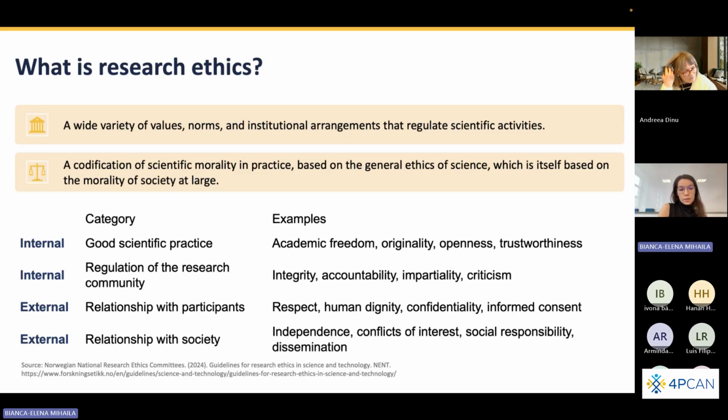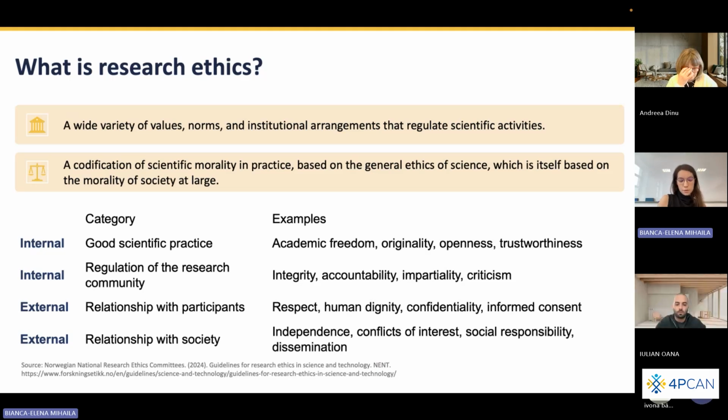And the external ones, the ones that are really important for us in the Living Lab and also in the 4P-CAN project, are related to the relationship with participants, because we need to focus on respect, on human dignity, on confidentiality, anonymity of the results and the data, and of course informed consent, and the relationship with society, thinking that somehow science should be public.